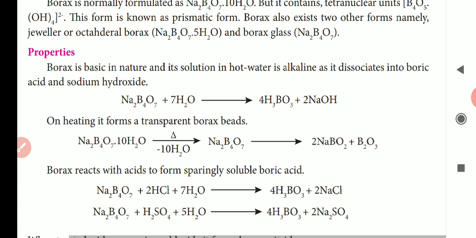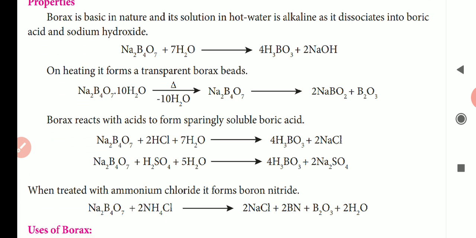Borax reacts with acid to form boric acid, which is sparingly soluble. Because of its basic nature, it reacts with acids to produce salts. Borax reacts with 2 moles of HCl and 5 moles of water to produce 4H3BO3 plus 2NaCl. Na2B4O7 reacts with sulfuric acid and water to produce H3BO3 plus Na2SO4, sodium sulfate.